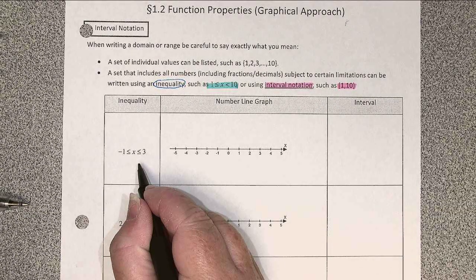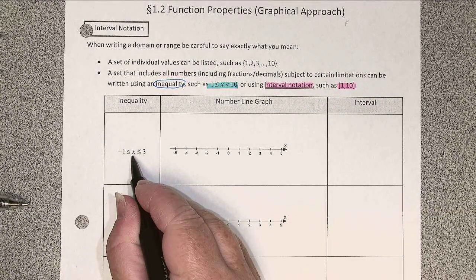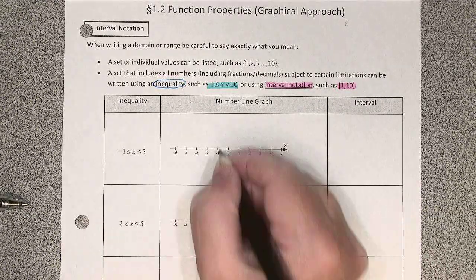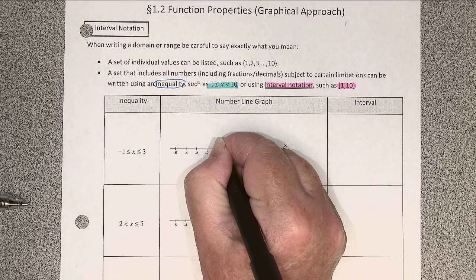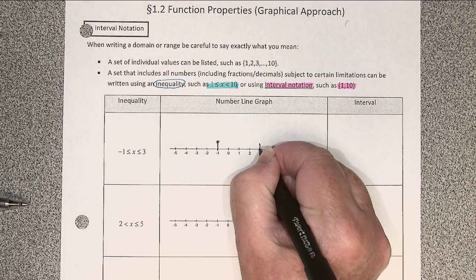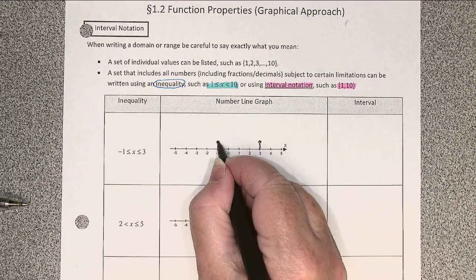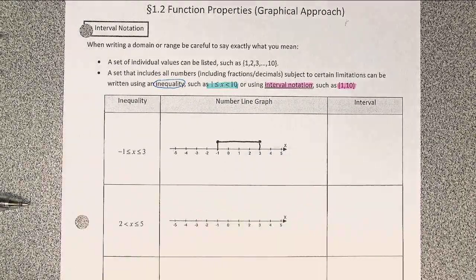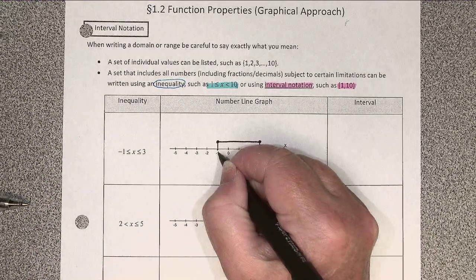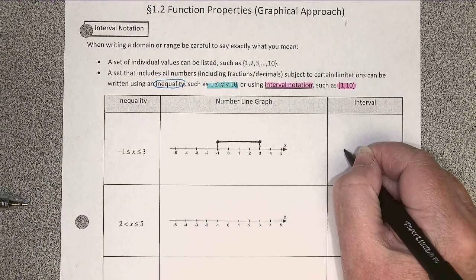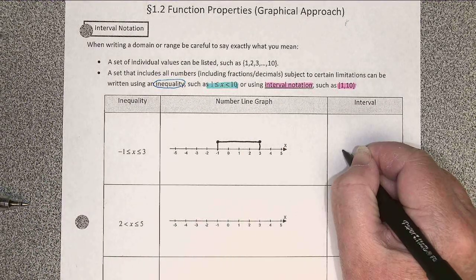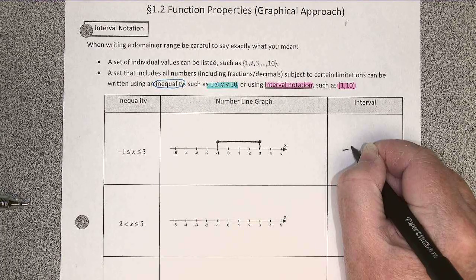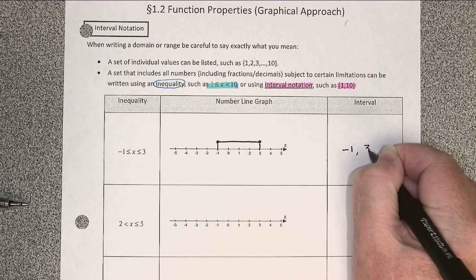So we'll start with the numbers from -1 to +3. Going from -1 to +3, and I want all of the numbers in between, so I show that just by drawing a line there. To write the interval, I always list my values from left to right, so I'll write that as -1, 3.